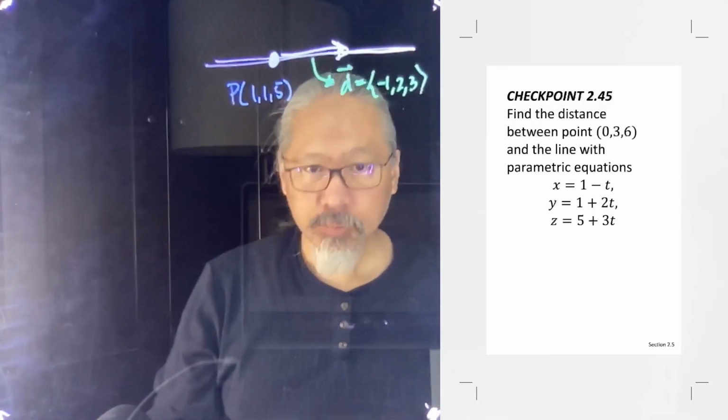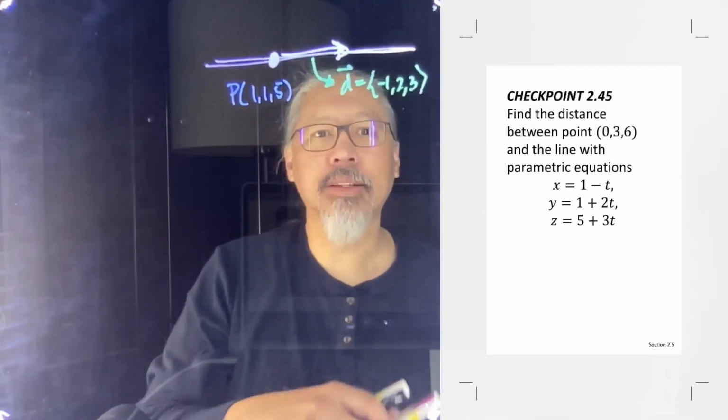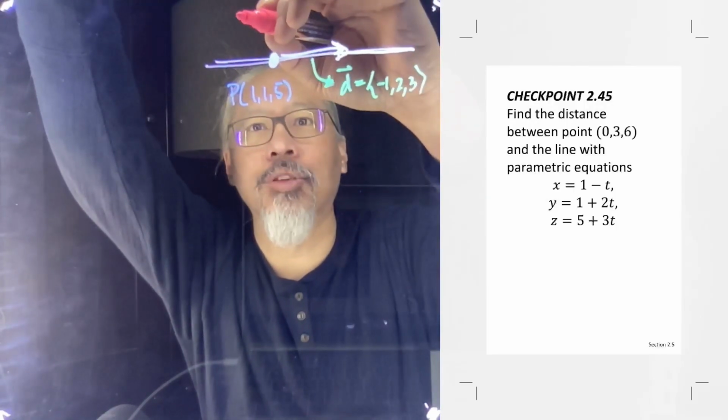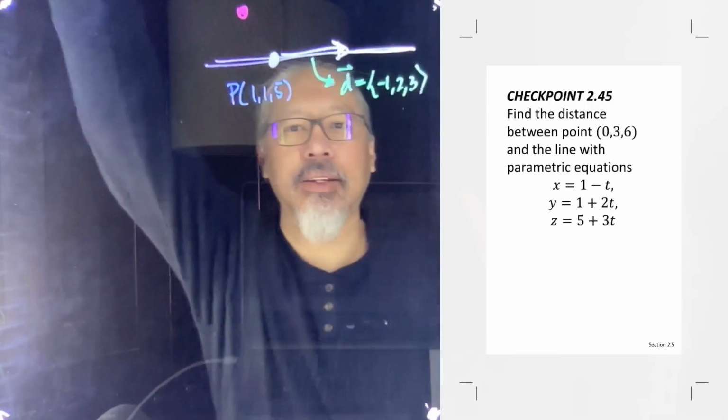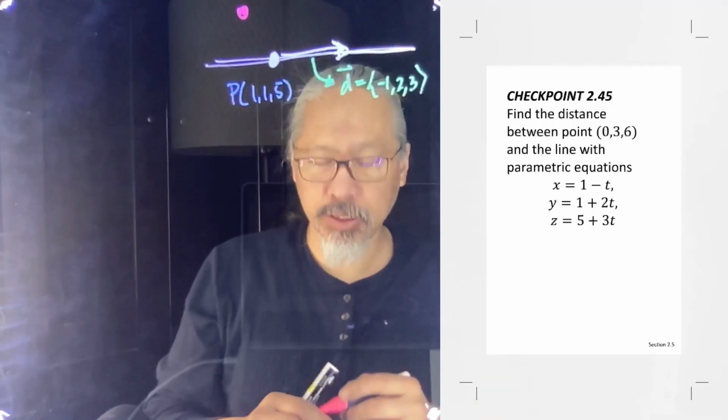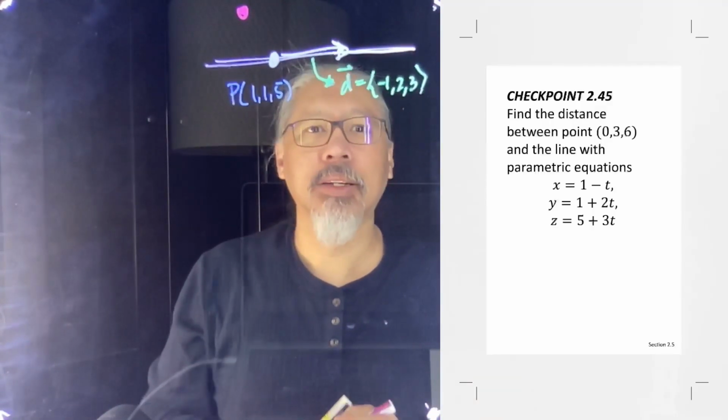Okay, now you have a point that's outside of the line. Let's put the point somewhere over here. And again, this is not being drawn to scale, of course. We're just kind of piecing through the formula.